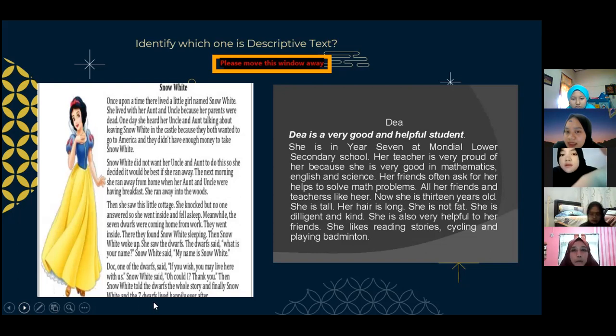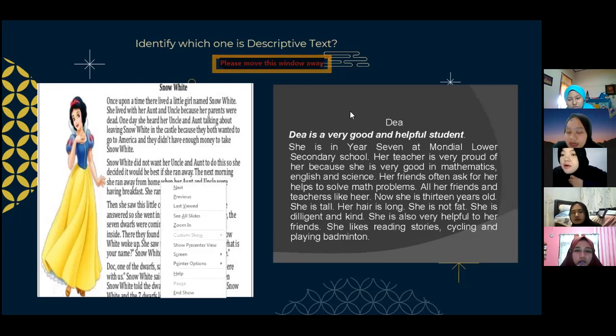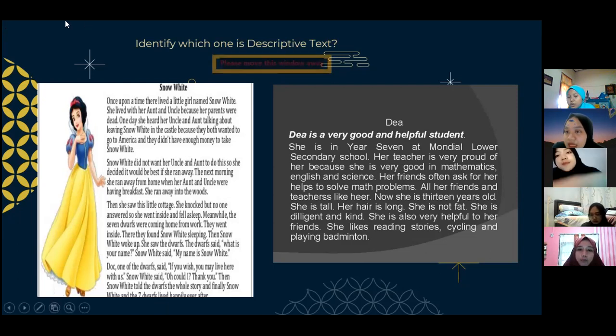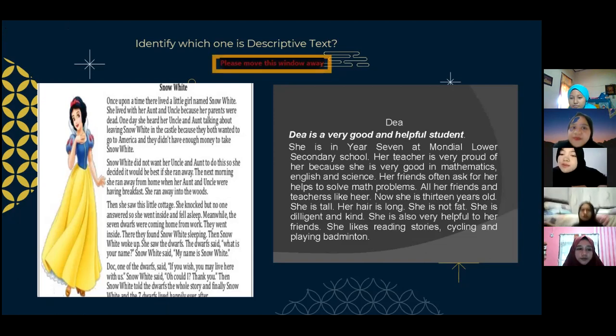What does this tell about? It tells about her characteristics or personality, right? She likes reading stories, cycling, and playing badminton. This tells about her hobbies. Yes, good.